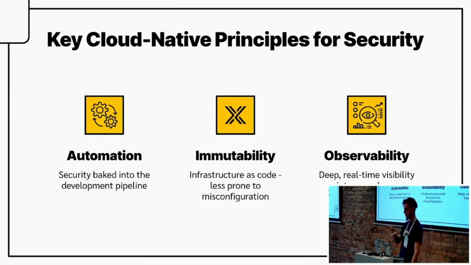So our key principles for a cloud native world is we need to have everything automated, which means that every single part of our infrastructure needs to be automatically reapplied everywhere at any given point in time. So we need to have a way that it's always rebuildable.